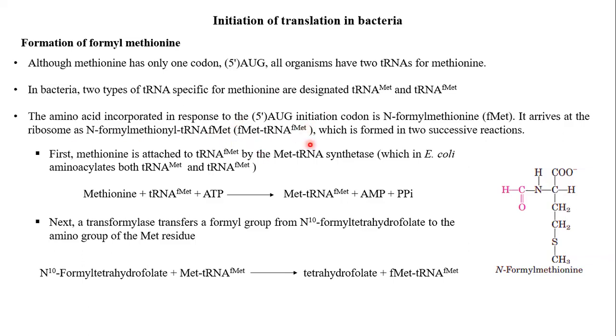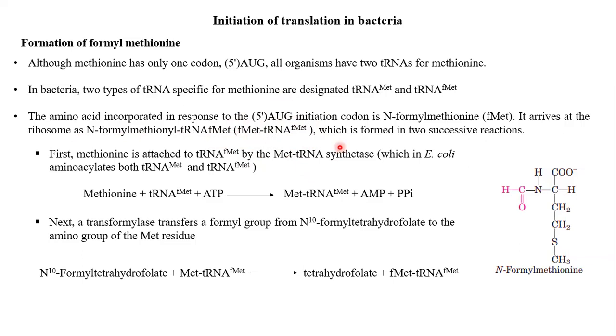Remember this nomenclature: when you write it in superscript, that means this transfer RNA is used for fMet. This is fMet transfer RNA. And when you write it in the hyphen form, that means it is bringing fMet. So now it is the charged transfer RNA.